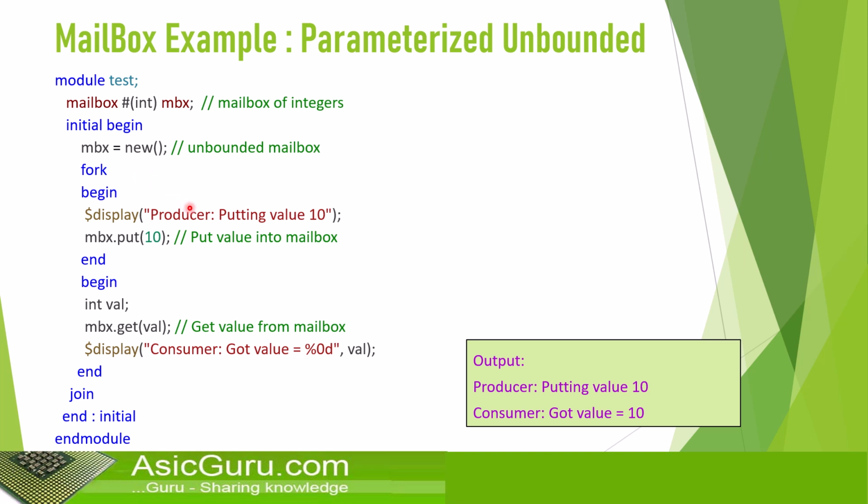So here inside this we are putting a value 10 inside this mailbox. MBX is the mailbox name and we are using a put method for putting a value 10 into the mailbox. And the consumer here is retrieving the value using this get method. So the producer puts the value and the consumer gets it immediately and we get this output. So this demonstrates the FIFO behavior and synchronization using a mailbox.